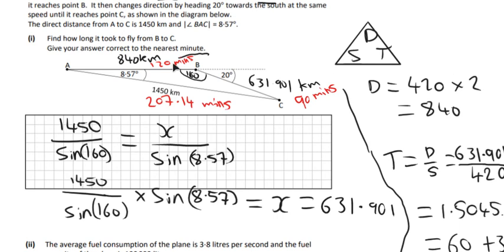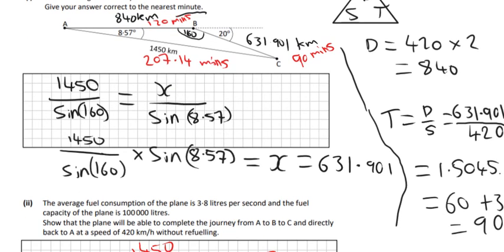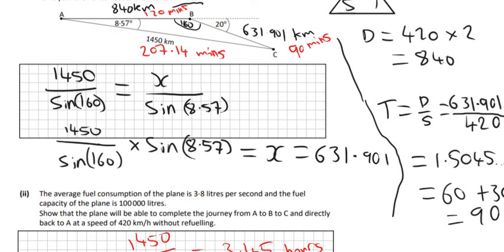So we have the time that it takes to go all the way around. So the time that it takes all the way around is 120 plus 90 plus the 207.